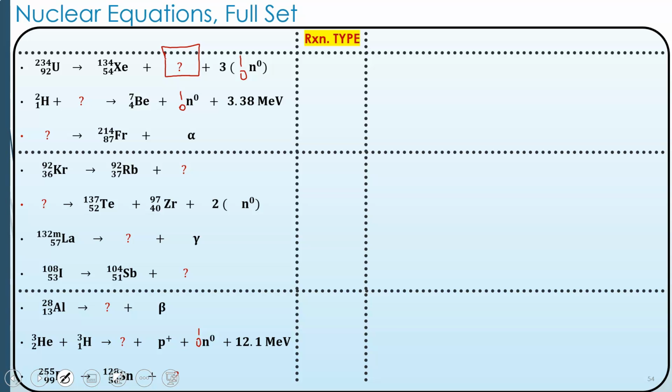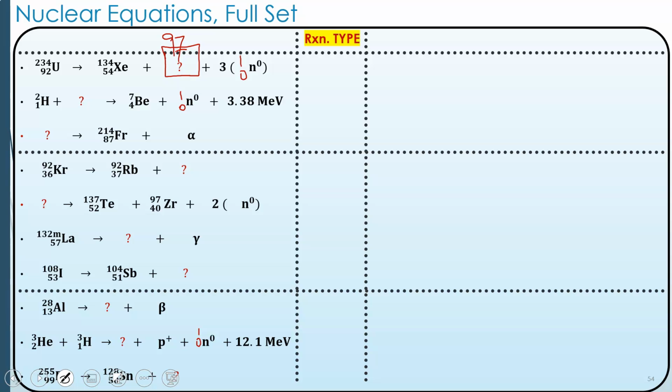So 234 is the sum of all the mass numbers on the left, so 234 must be the sum of all the mass numbers on the right. Well, 234 minus the 134 is 100, but we also have 3 separate neutrons, and each one has a mass number of 1. So that's 3 more mass numbers we need to account for. So 100 minus the 3 leaves us with a mass number of 97. That's our top number.